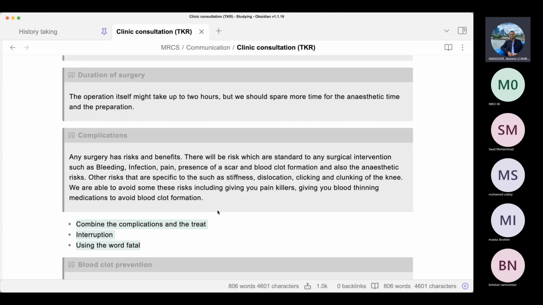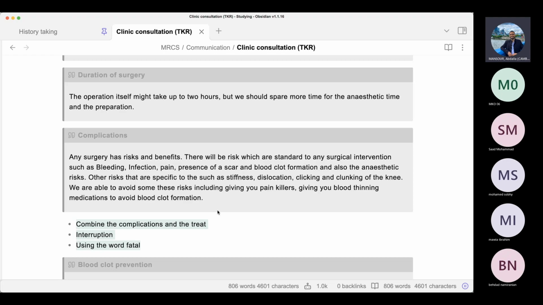Obviously, there'll be a scar in front of your knee, around 10 centimeters long, or like 5 centimeters, whatever. I think in total knee it's 10 centimeters long. We'll do our best to make it good looking. However, there will still be a scar there. There is always a risk of infection that can happen in any surgery. However, we're following all the techniques to reduce that, and we can give you antibiotic at the start, which will reduce the risk.